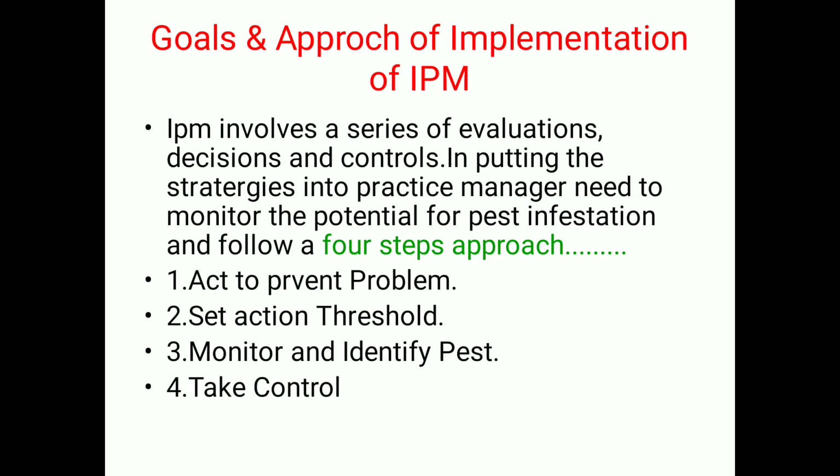And if it is not possible with the help of cultural and mechanical practice, then we go to the chemical products or chemical spraying. If you do such an approach, it reduces the environmental risk.